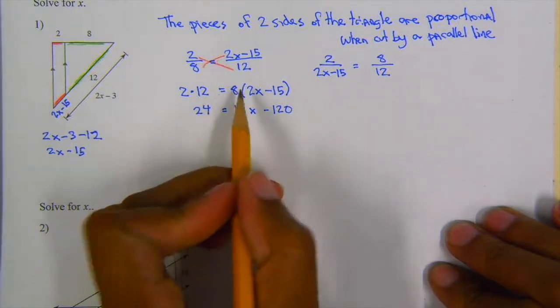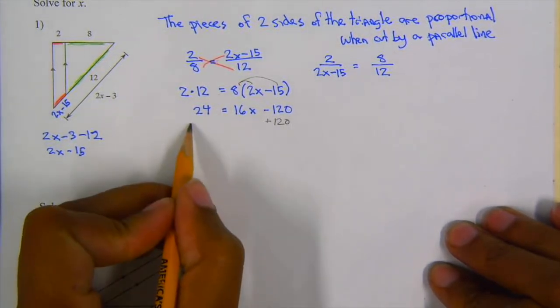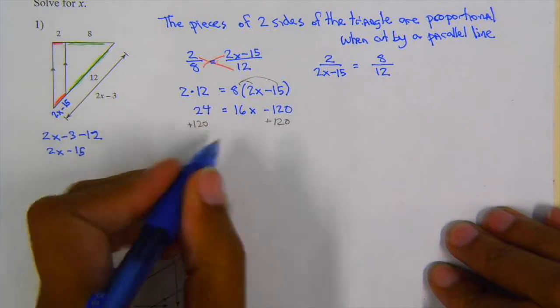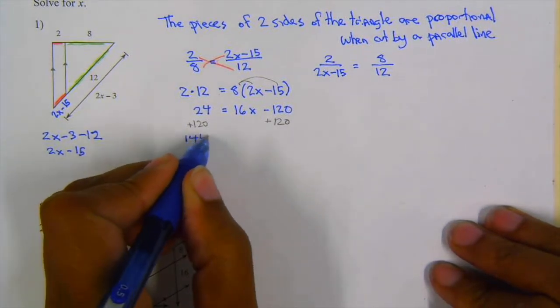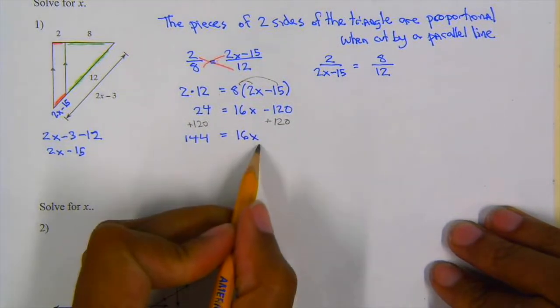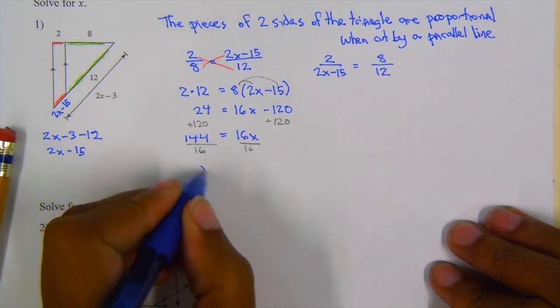So that was the first step, was to distribute. The next step is to add 120 to the other side. I've got 144. And divide by 16. So x here is 9.